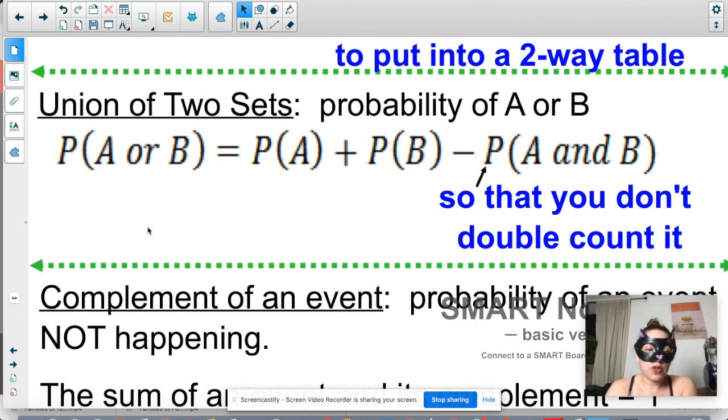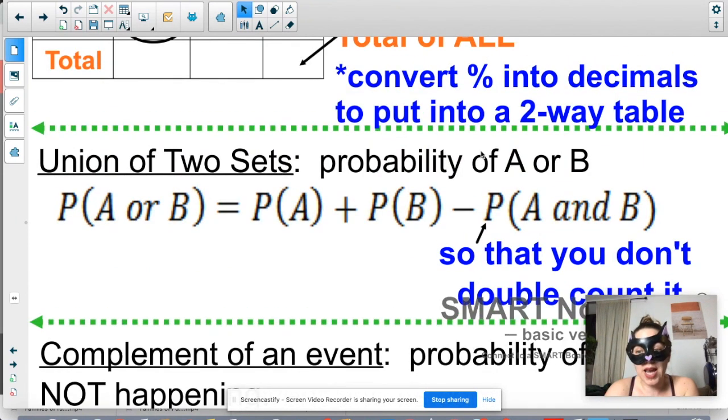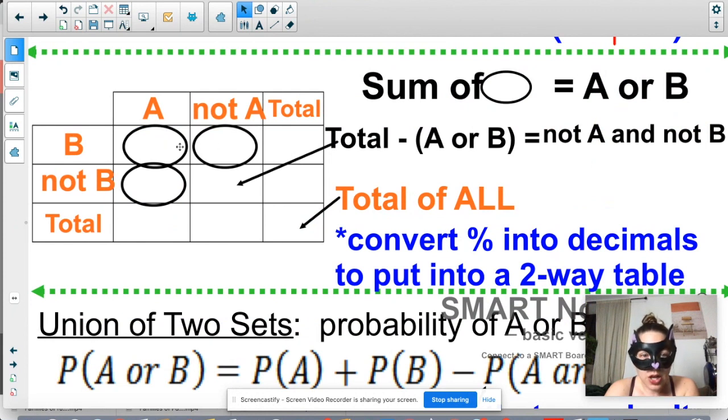A union of two sets, union means or. It's a probability of A or B happening, okay? One way to find it is you add the probability of A plus the probability of B, but then you have to subtract A and B. Let's see what that means. So if you add A, you are adding both of these together.